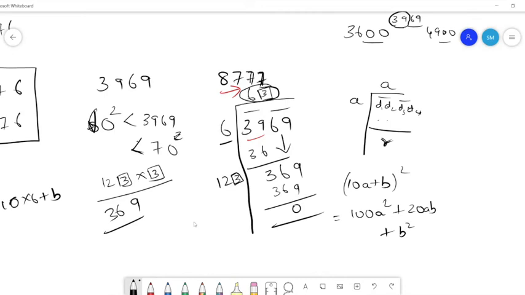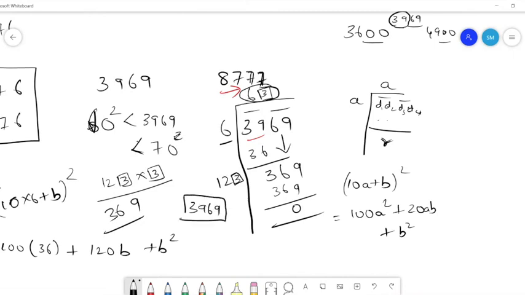So here in this case, we would have 60 plus b the whole square is 100 into 36 plus 20 into 6, which is 120b, plus b square. So this is what we have here. And the given number is 3969. Okay, so now can we explain the subsequent steps?